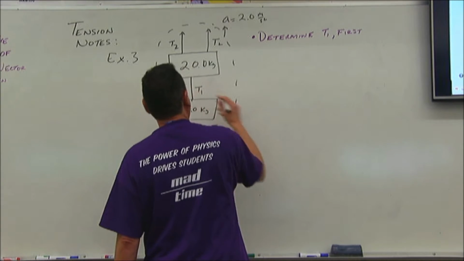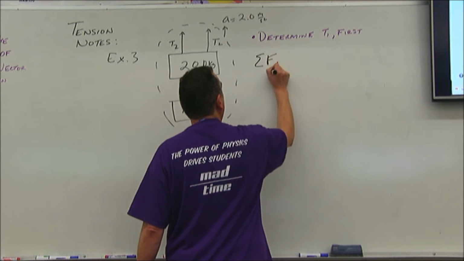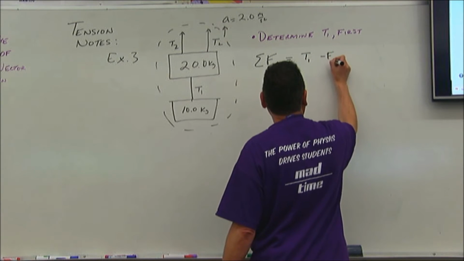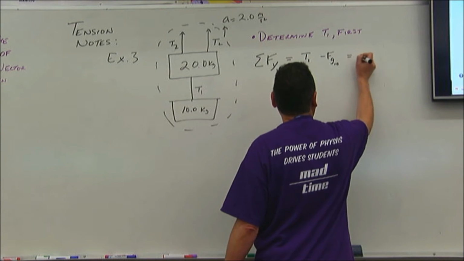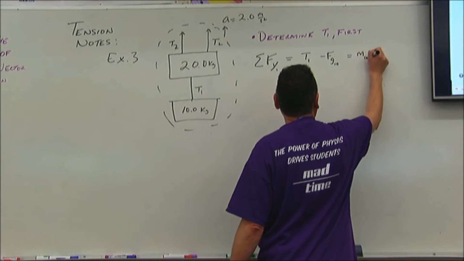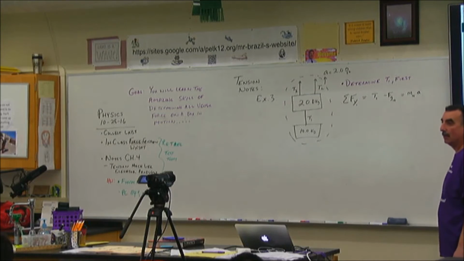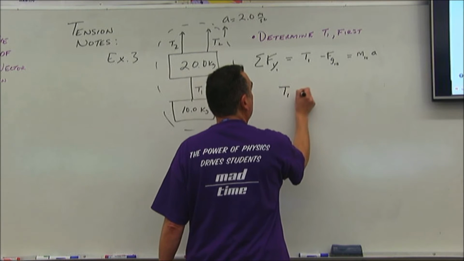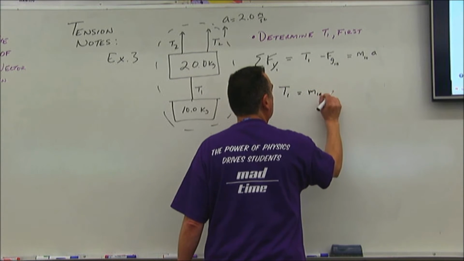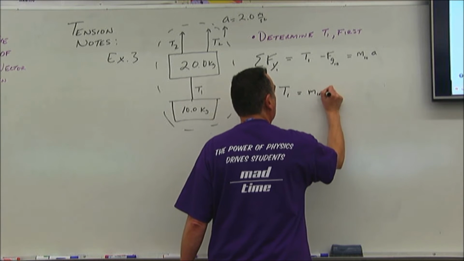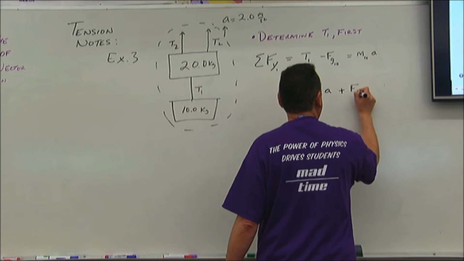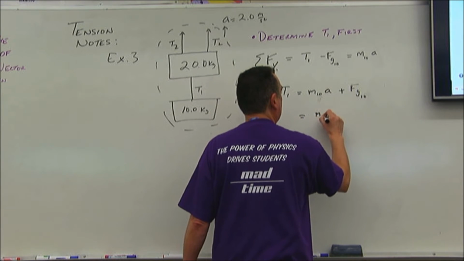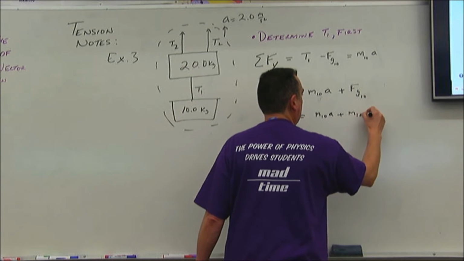So we're taking it at this point, sigma Fy1, T1 minus Fg10. And this time it's going to be M10 times A. So T1 equals M10 times A plus Fg10, M10A plus M10g.